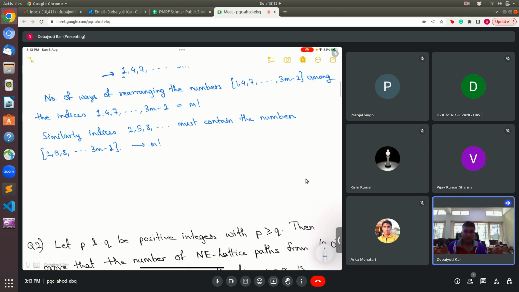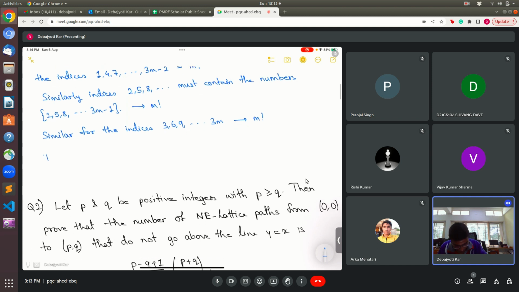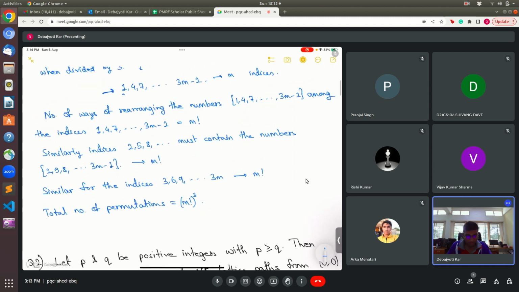And similarly for the indices 3, 6, and so on, again this is m factorial. Hence the total number of permutations is going to be m factorial cubed, right?